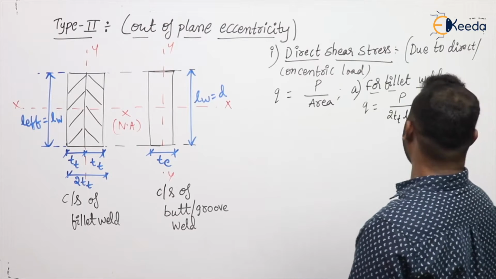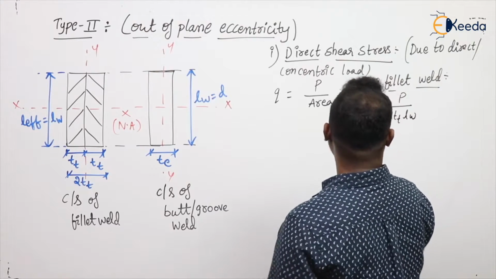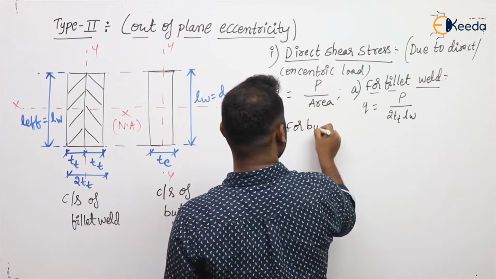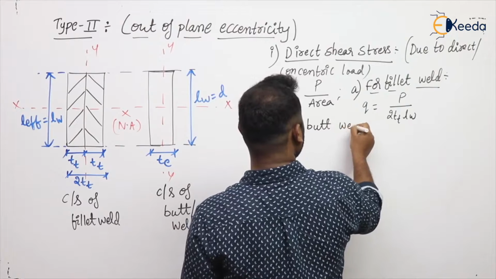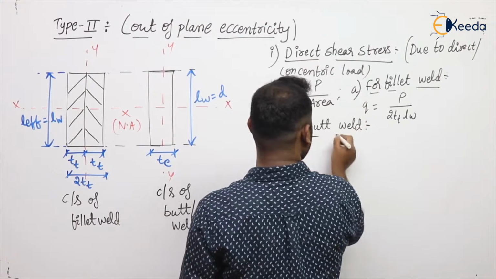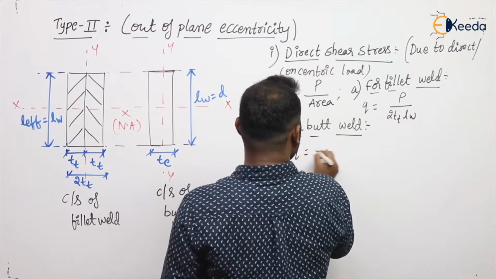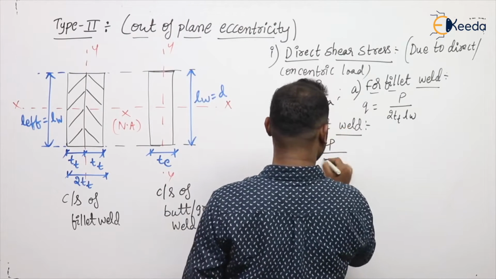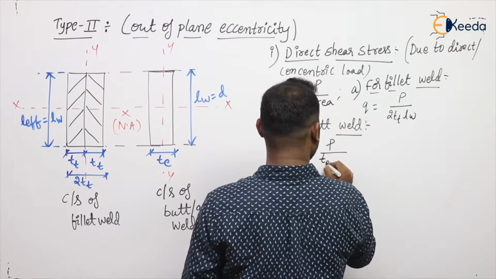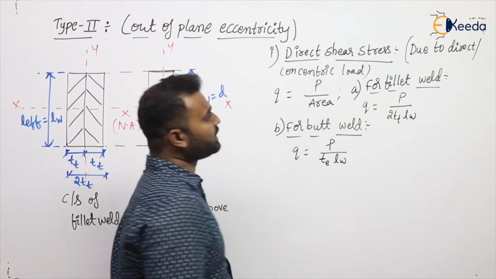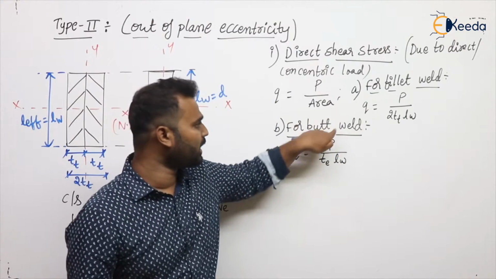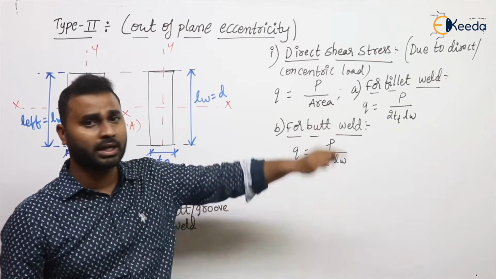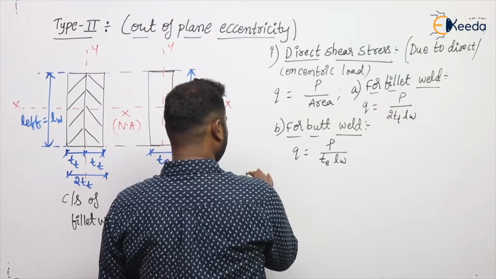Now for butt weld, Q is equal to load upon area. Area is nothing but T into LW. Clear? These are the direct shear stress formulas for butt weld and fillet weld, which occur due to direct load or concentric load. Clear, everyone?